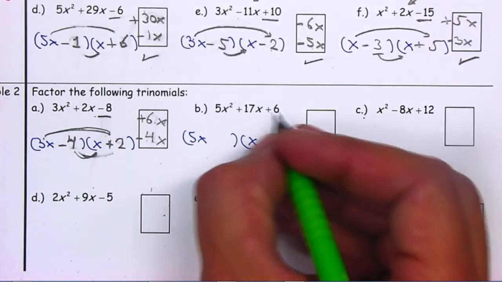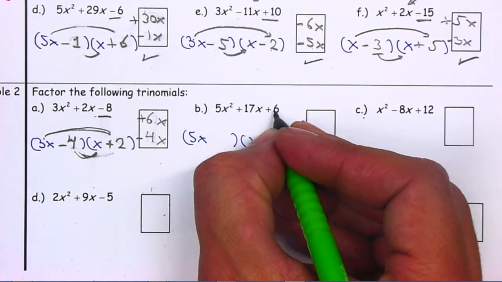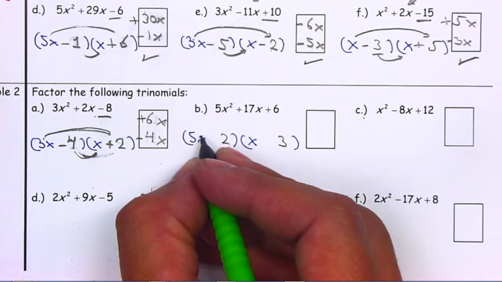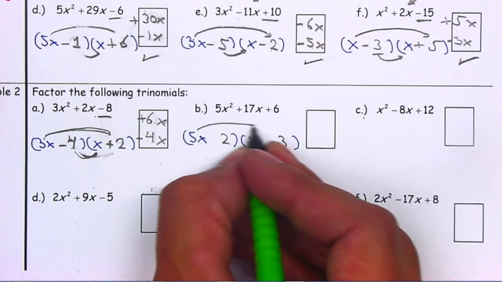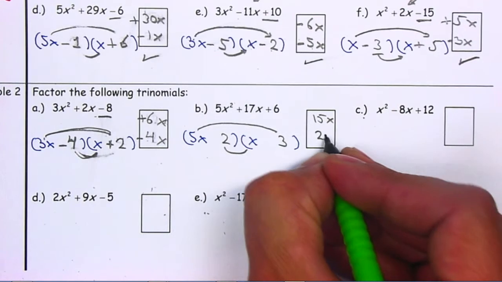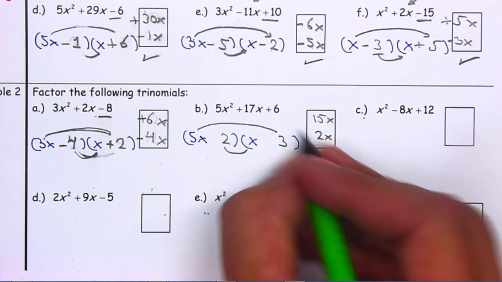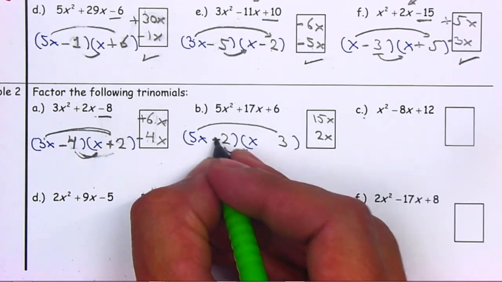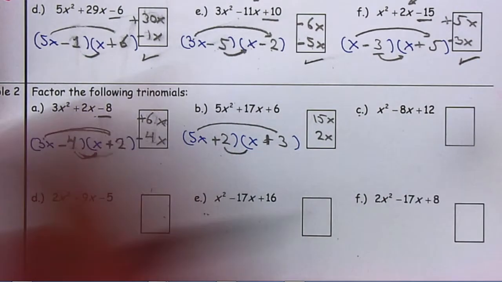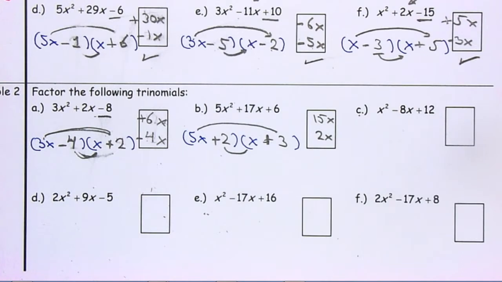I'm going to use 3 and 2. I'll place my 2 times 3, they're both positive. That gives me 15x. That'll give me 2x. If I add them, it gives me 17x. Yes. Now sometimes you get lucky and you actually get it on the first try. Sometimes you need to do a few tries in order to be able to get it correct.